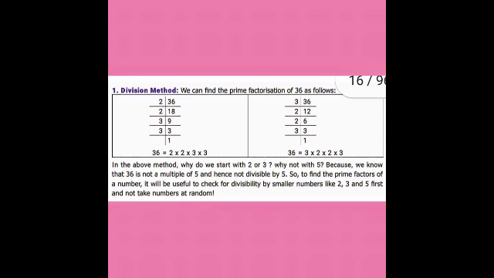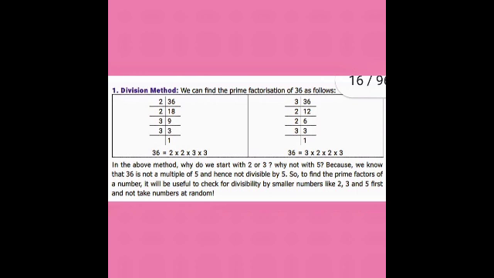36 is divisible by 2 and 3 also. 2 is the smaller number, so we will start with 2. 2 into 18. 18 again comes in the 2 table, so that is 9. 9 does not come in the 2 table. It comes only in the 3 table, so 3 threes are 9. This is one way, the division method.